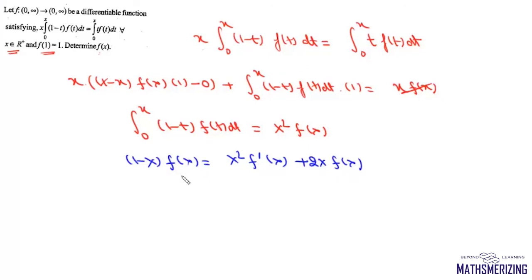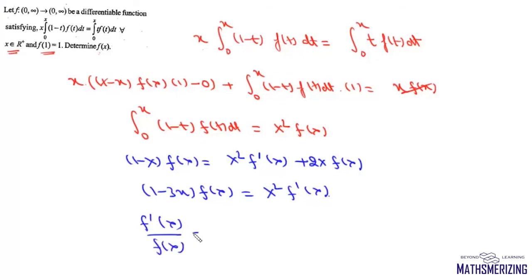Now we'll take this f(x) to the left hand side, we can write 1 minus 3x into f(x), and it will be equal to x square into f dash x. Now we can rearrange this as f dash x upon f(x), and it will be equal to 1 upon x square minus 3 upon x.